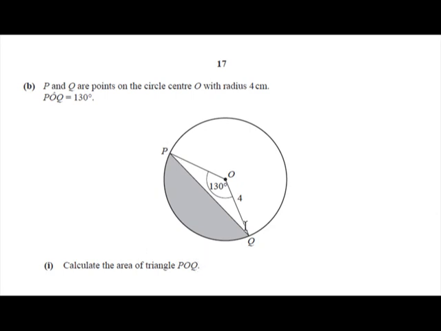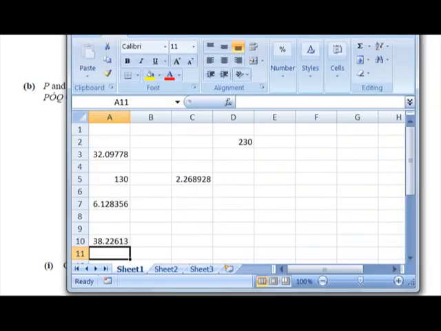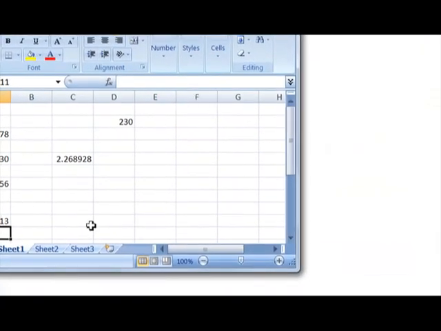Area of triangle POQ. Now, I know probably some of you only know the formula for the area of a triangle is equal to half base times height. How do you apply that there? You get a little bit stuck. So there's an easier formula that you can apply there. Let me just put it down for you.